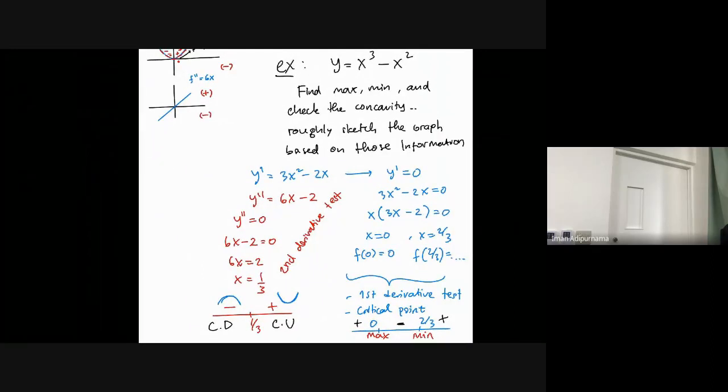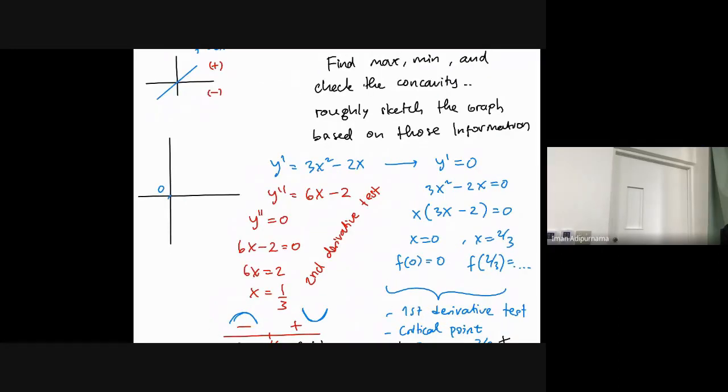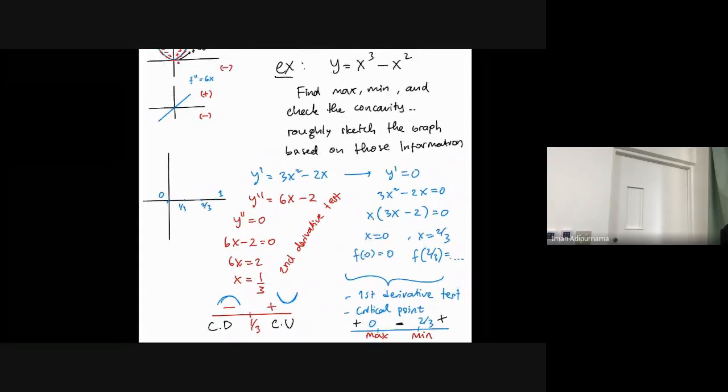So you will have the function. If you want to mark some points, this is 0, this is 1, this is 1/3, this is 2/3. Based on our observations, this will be the maximum and minimum.